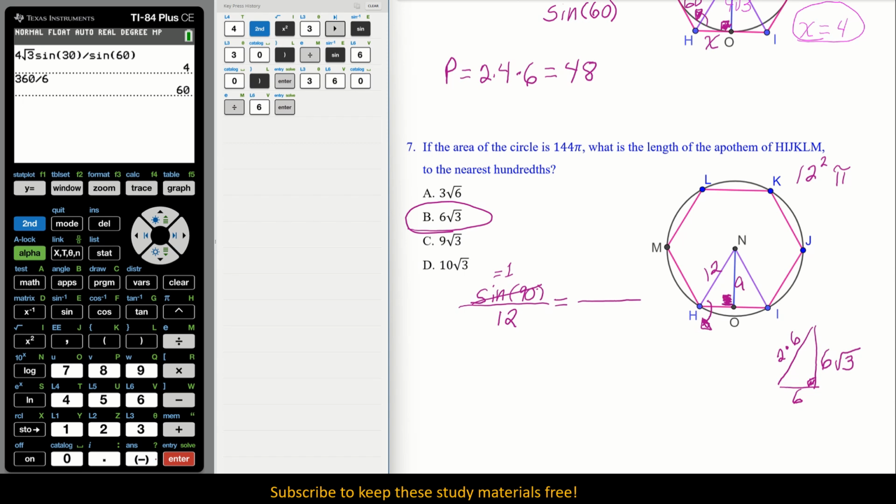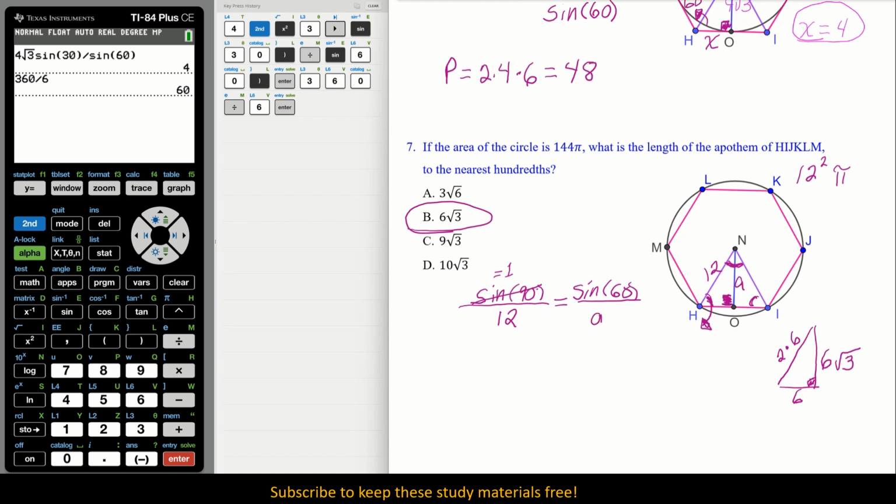Okay. This is 60. This is 60. And 60 is the one that we're working with, okay? All right, so that tells me we need sine of 60 over the a.